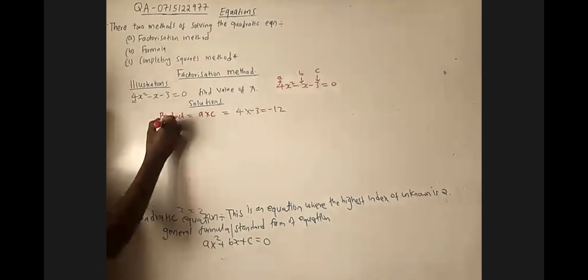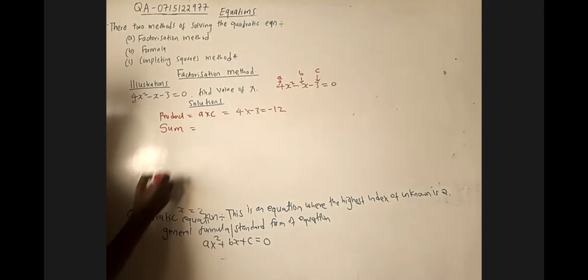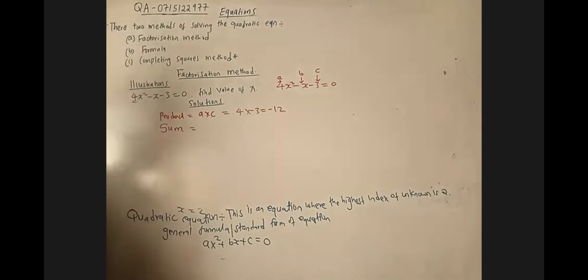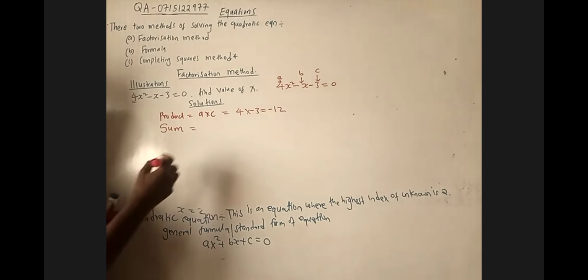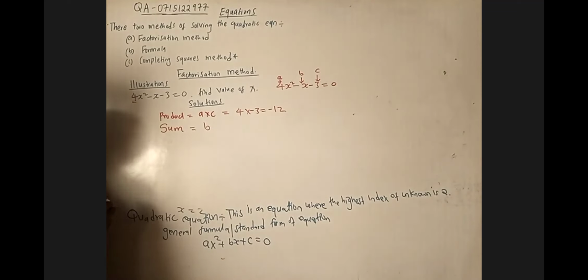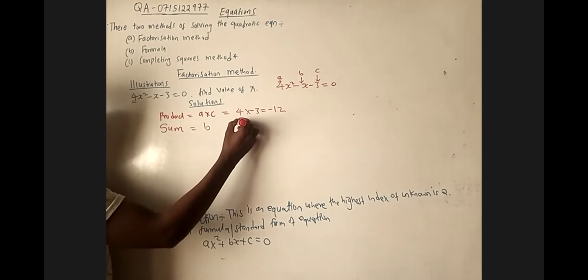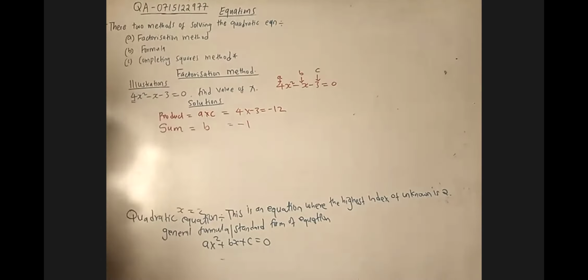And then the next thing we need to find is the sum. The sum represents B, so it is minus 1. Is that correct?